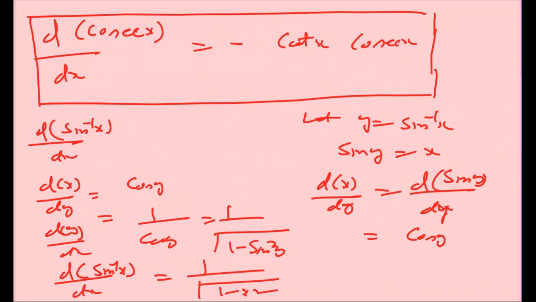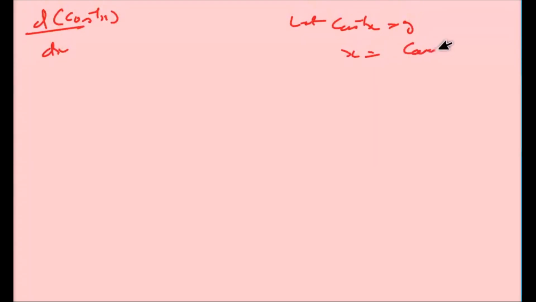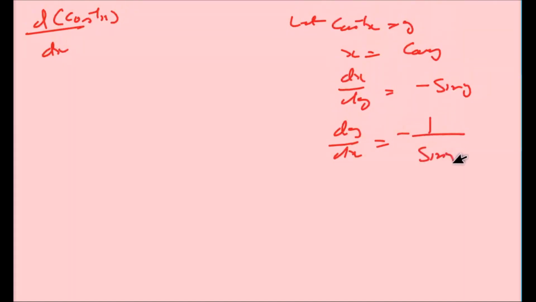Okay. Similarly, if we want to find the differential of cos inverse x, let cos inverse x equal to y, x equal to cos y, so dx by dy equal to minus sin y, so we can say dy by dx equal to minus 1 upon sin y equal to minus 1 upon under root 1 minus cos square y.